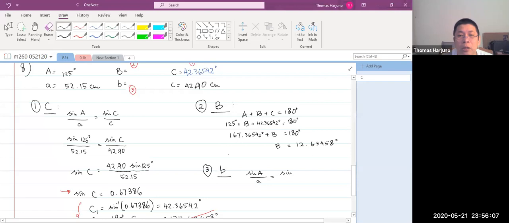For angle B, I get 12 degrees something. I think that one is straightforward. Now to find side B, let me write it down.